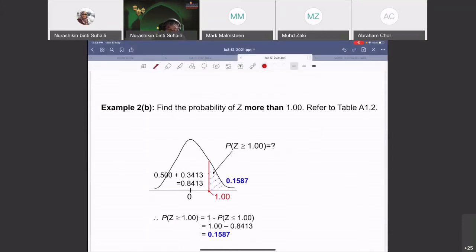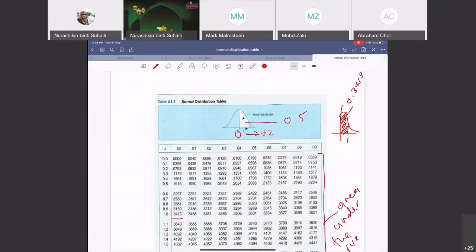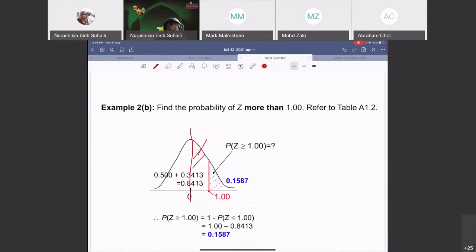First you have to know that this is the area that you will get from the table, right? If you refer to Z equal to 1, just now it is 0.3413, right? So this area will give you 0.3413. But the question in this case is, you have to find the probability of Z more than 1, which is this area.